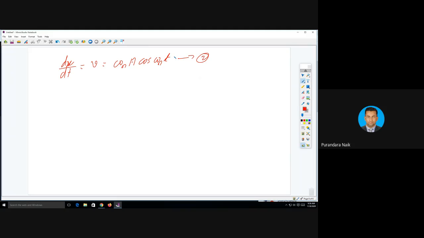This step is already done in the first derivation. So what will be the maximum velocity? For maximum velocity, cos 0 is 1, so V max is equal to omega n a. That is the maximum velocity, equation number 3.